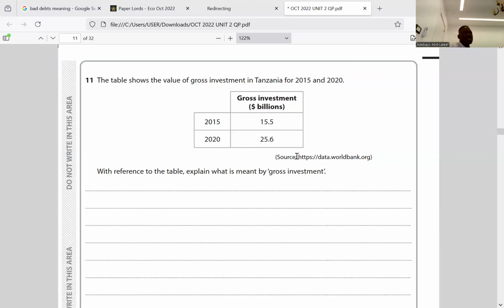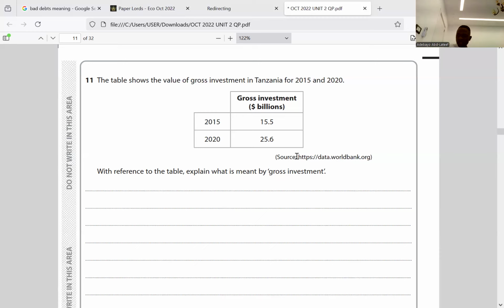The value of your investment is still gross until it starts being used. Gross investment is the total expenditure on new capital goods without accounting for the value lost due to depreciation.